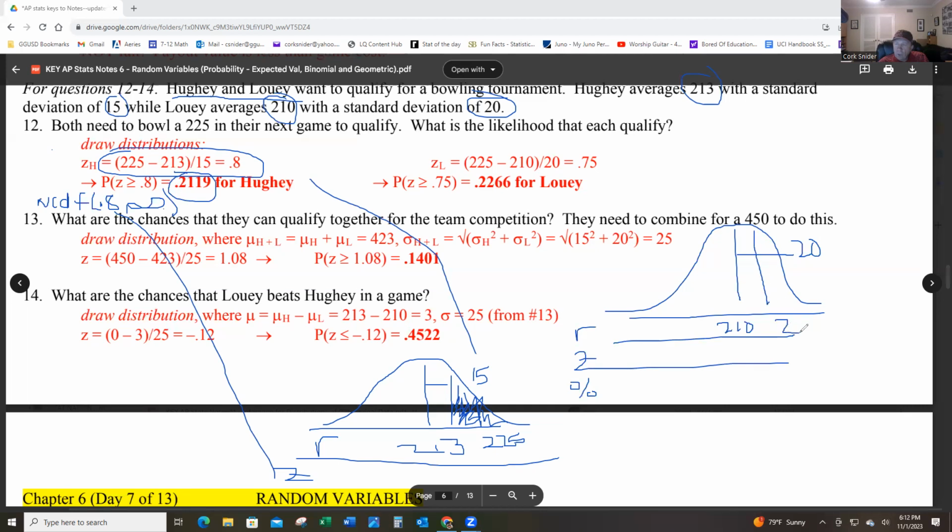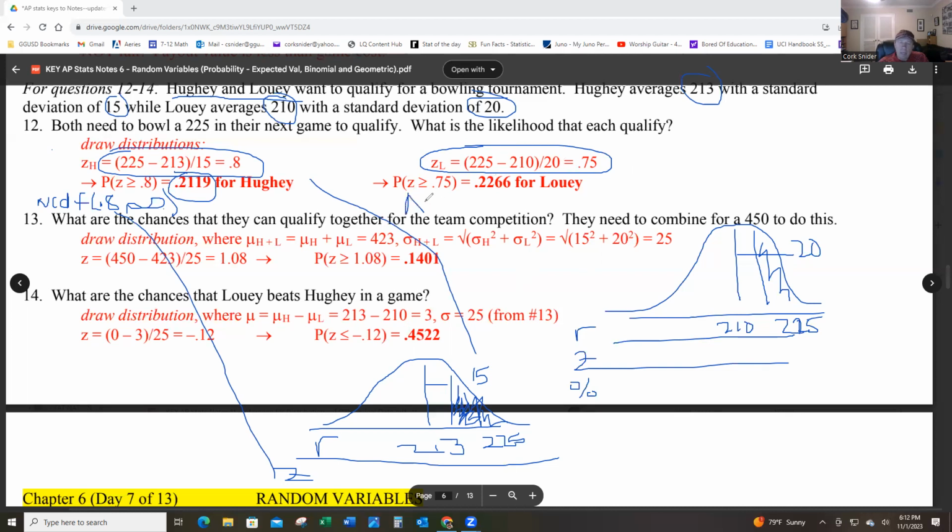225. And we're going to shade that area, okay? That z-score is 0.75, a little smaller, okay? Which actually leaves more room in the tail. And then once you get that, again, that's the number 225, so 225 minus 210 divided by 20.